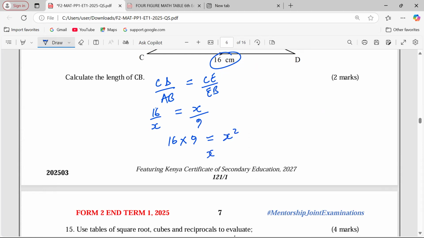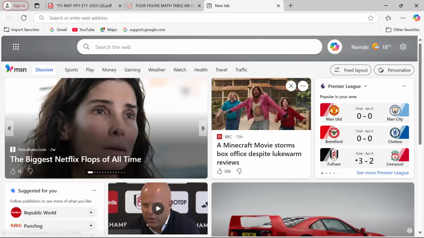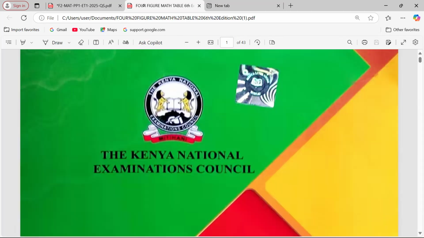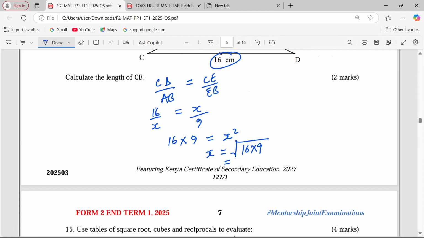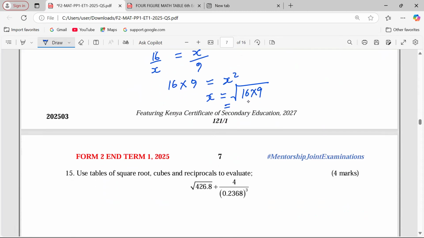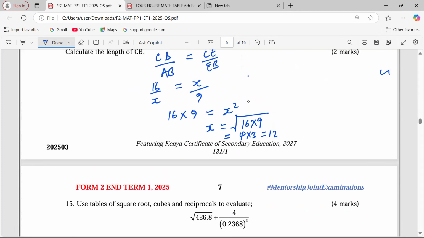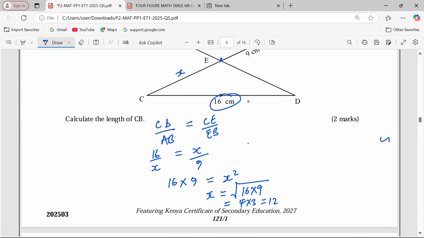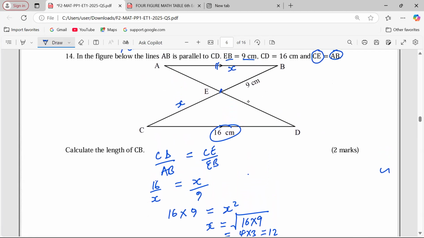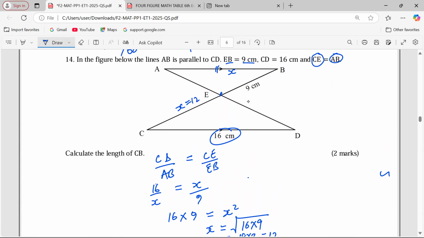To get the value of x, we take the square root of 16 times 9, which is 4 times 3, which is 12. So 12 is the length of CE or AB.